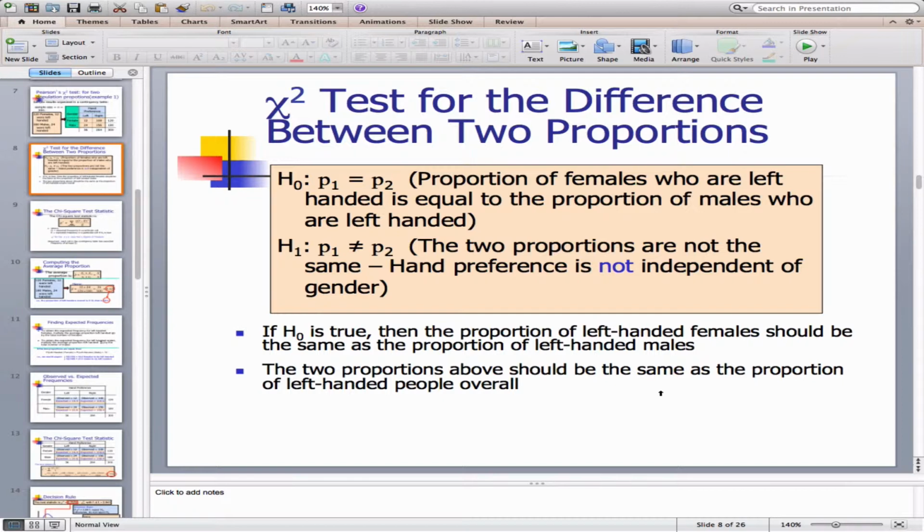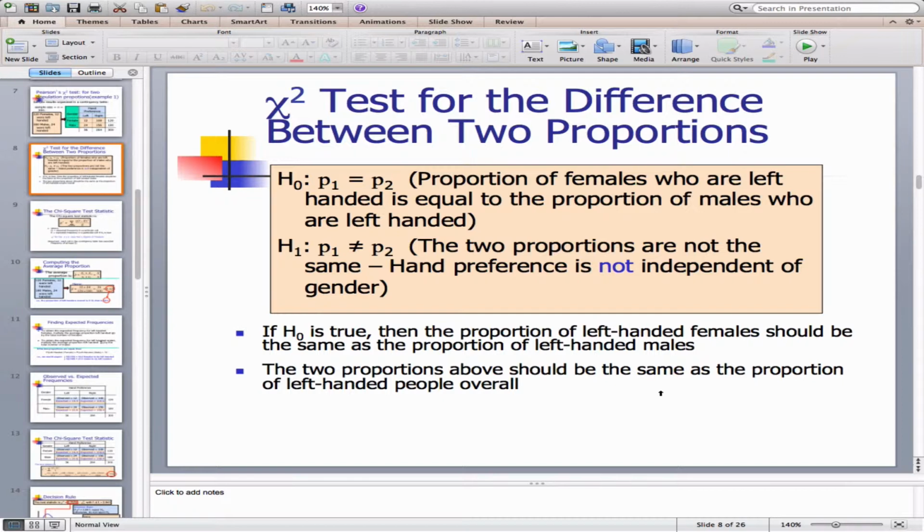So when you talk about the concept that hand choice is independent from gender, in statistics there is a one-step translation. It essentially means that for each column, the probability that they choose different rows is the same across different columns.